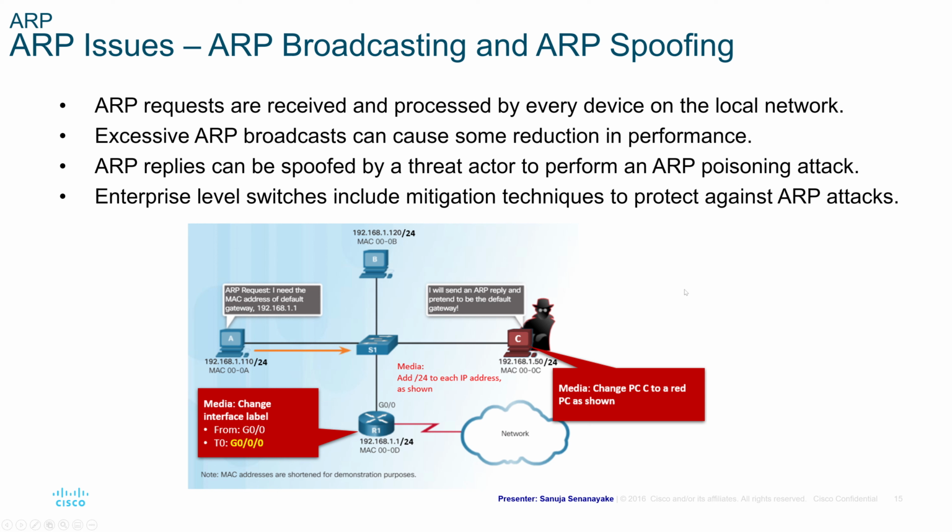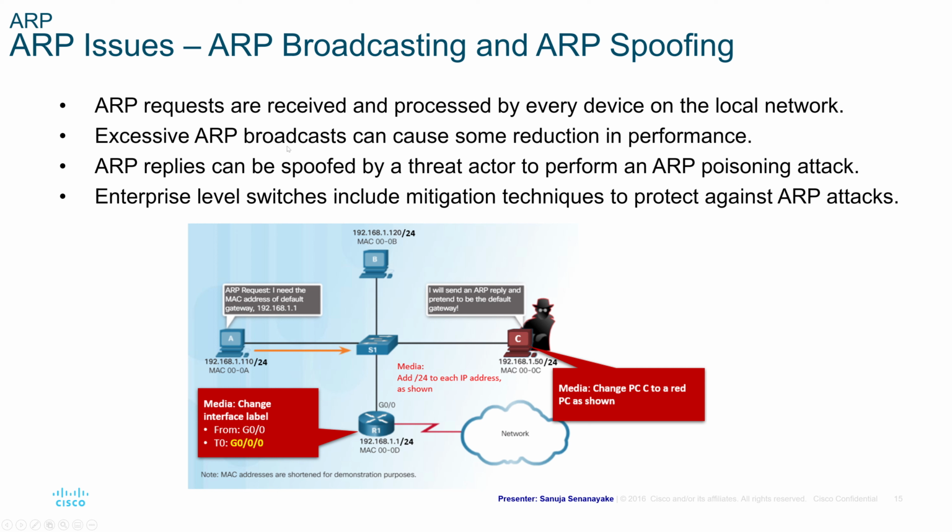I will not go into detail and depth of ARP attacks and how excessive ARP broadcast could create network congestion in this lecture. I will post a separate video explaining different network attacks and how you can mitigate them. But for this module, what you need to remember is that there are vulnerabilities with ARP.